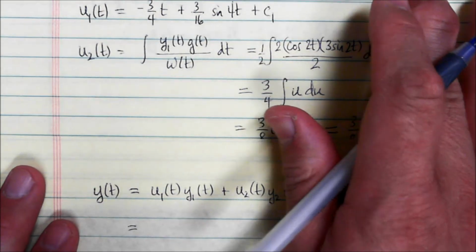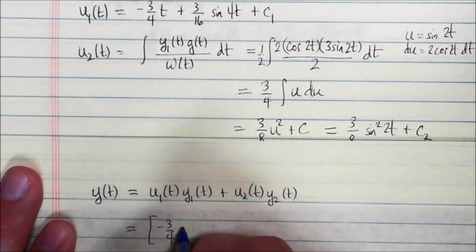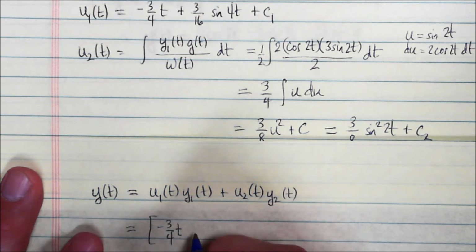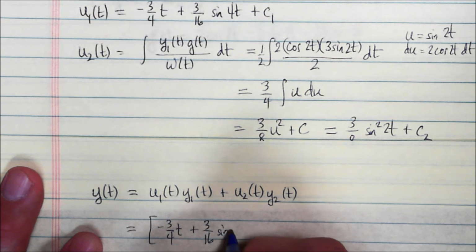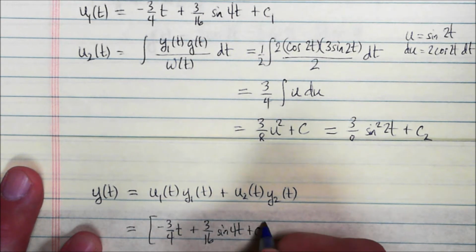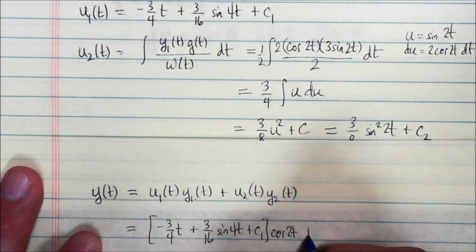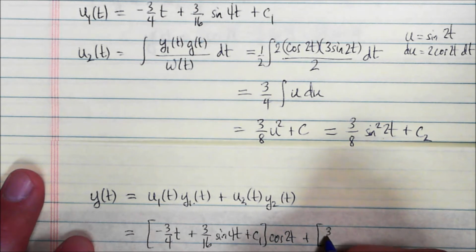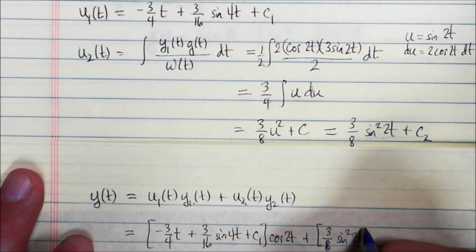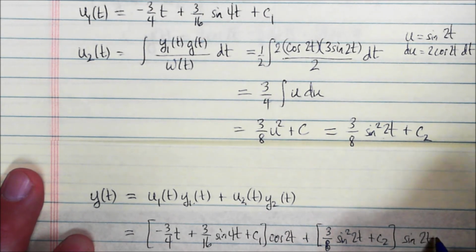Okay, so u1 is barely on screen here, negative 3/4 times t plus 3/16 times sine of 4t plus c1, times y1, which was cosine of 2t. u2 was the one we just got, 3/8 sine squared 2t plus c2, times sine of 2t.